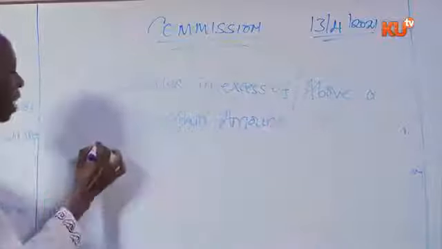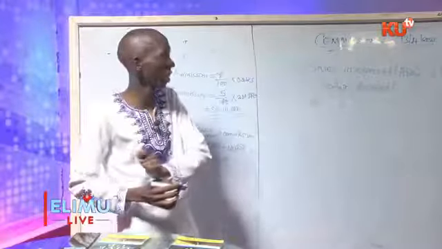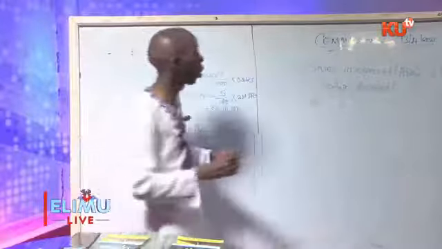We may be told that a salesperson is given a 5% commission for sales in excess of 100,000 Kenya shillings. So, for instance, a salesperson receives a 7% commission for sales above 100,000 shillings.